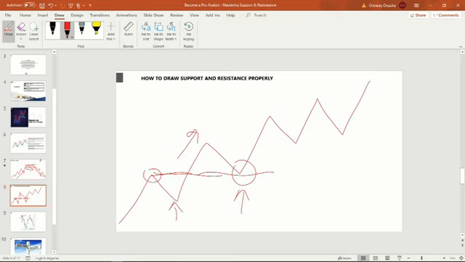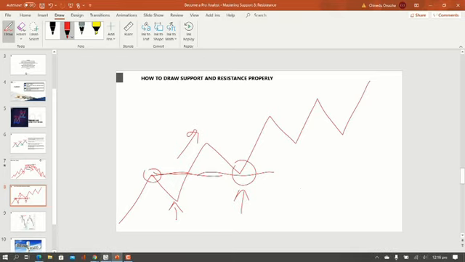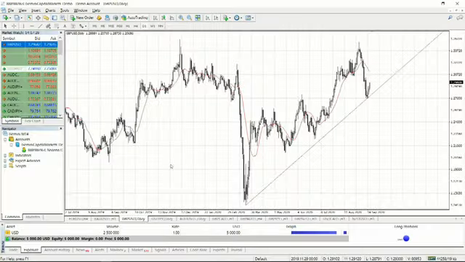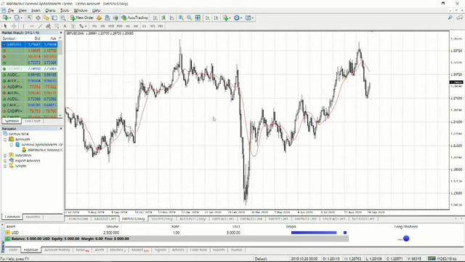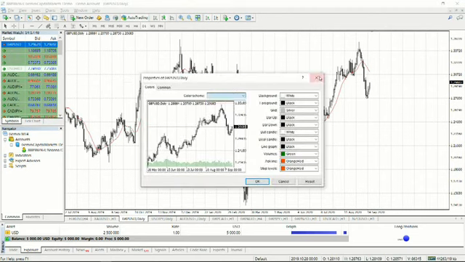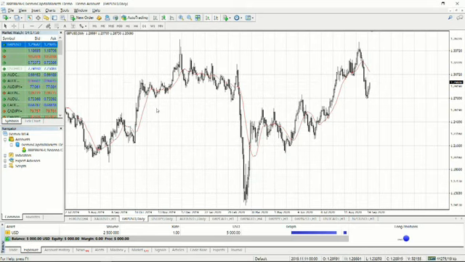Now, the reason is you don't want to have a chart where there is no room to trade. Sometimes I see some people's charts and it is just crowded. What I mean by crowded is you see support and resistance level everywhere. Let me make this bigger so we can see it better.